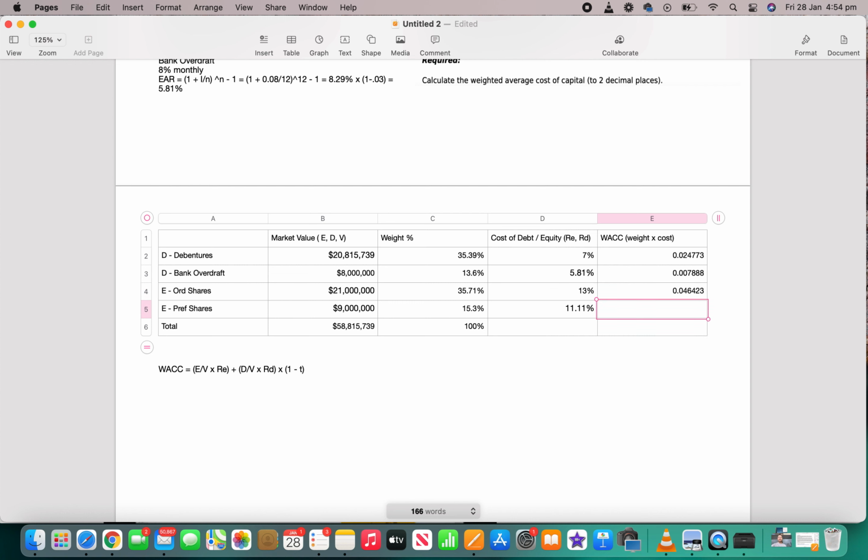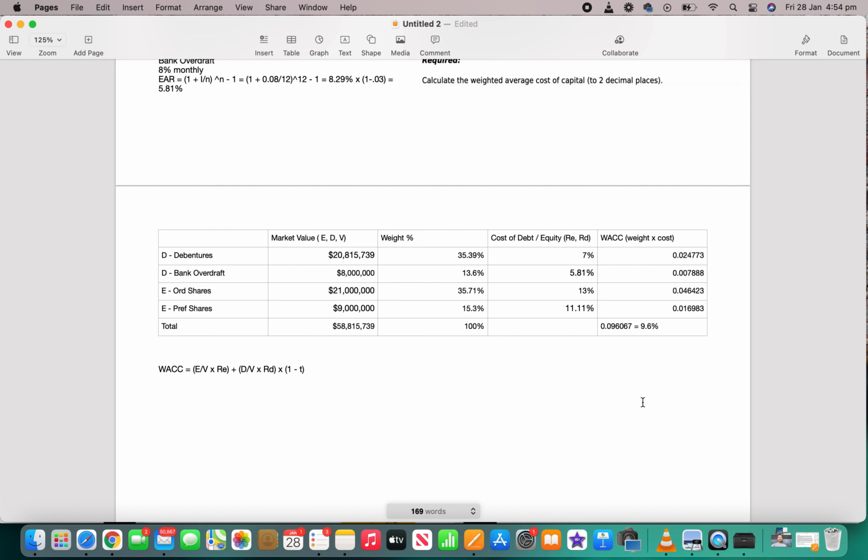Then 0.046423 and 0.016983. To calculate our WACC, we sum up all of those, which is 0.096067, which as a percentage is 9.6%. Done. That's our answer, a WACC of 9.6%.